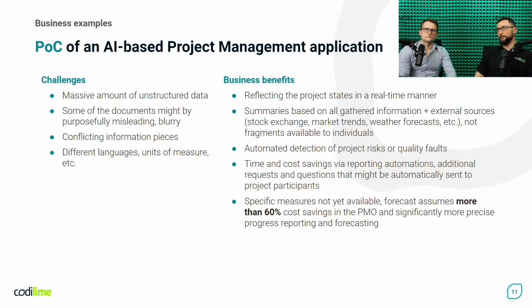But the previous business case was very generic. So that was a SaaS product for pretty much every single domain. This one is specific, and that led our team to apply reasoning functionalities for the AI agents.